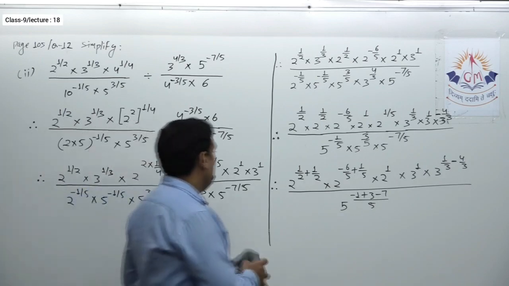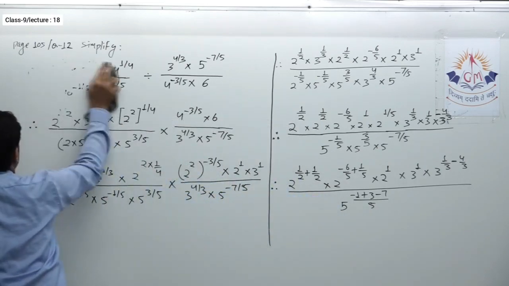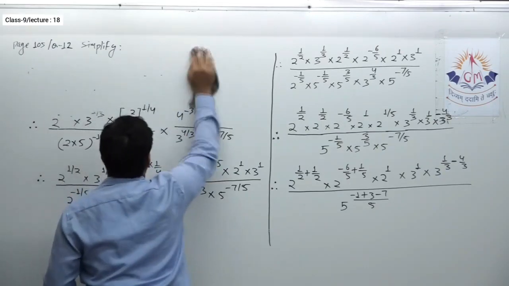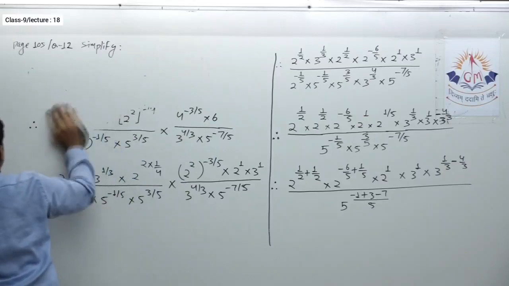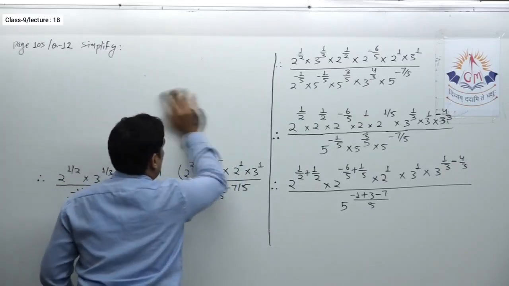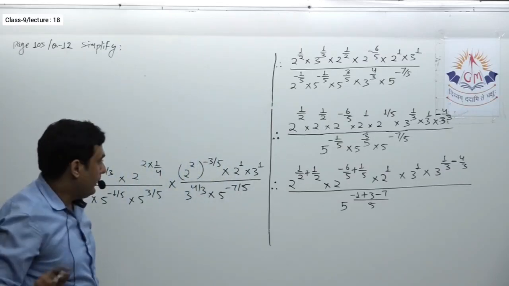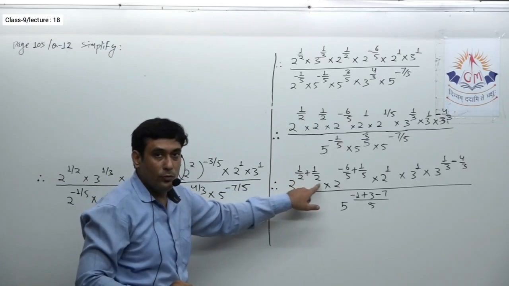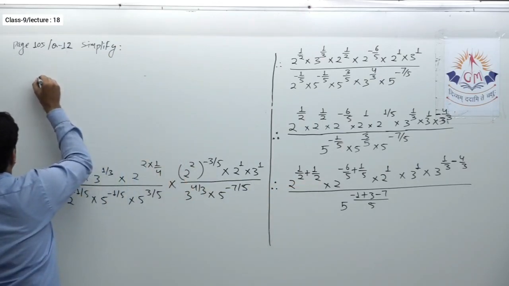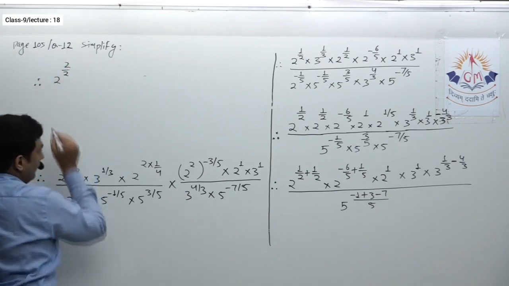So further I'm solving over here. Now 2 raised to 1 by 2 plus 1 by 2, that is 2 raised to 2 by 2. So here I can write 2 raised to 2 by 2.